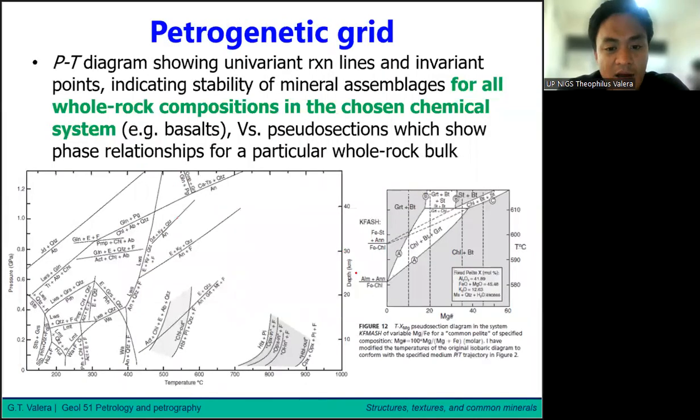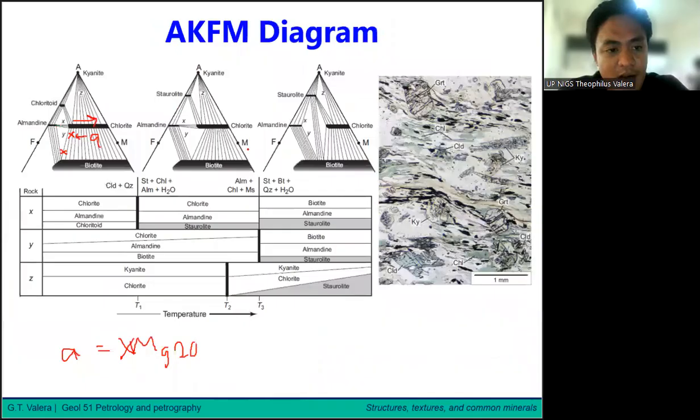So initially, you have a rock, bulk composition 20, consisting only of chlorite and biotite. As temperature increases, it intersects this point. That intersection in the chemographic diagram is the moment this tie line is lost, so that our bulk composition A is now exposed to the triangle almandine, chlorite, and biotite.